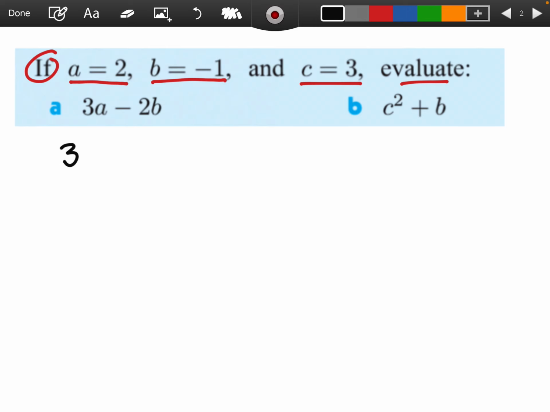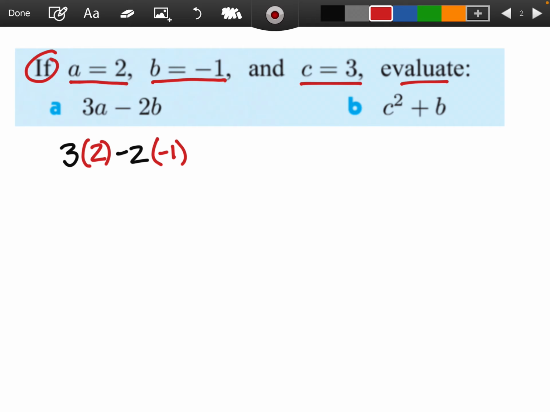The second line, we're going to replace those variables with the values that we were given in the question. We replace them in brackets, and we're going to talk a little bit about why that is in a moment. So first step is just to replace the variables that exist in the expression with the values that you are given.